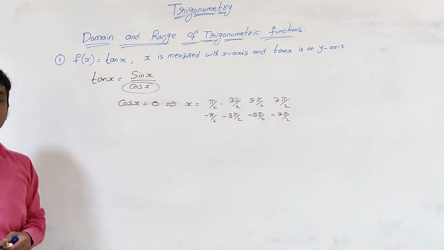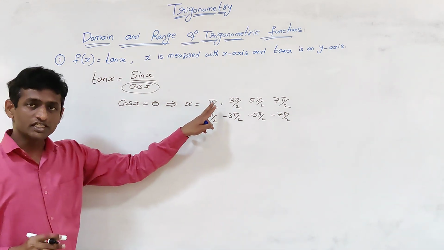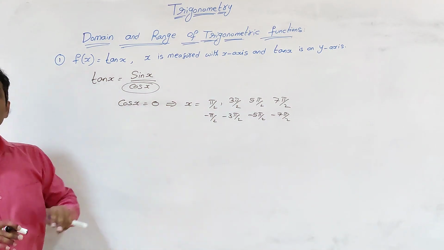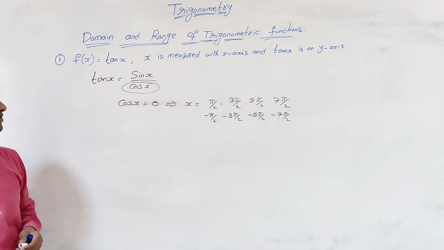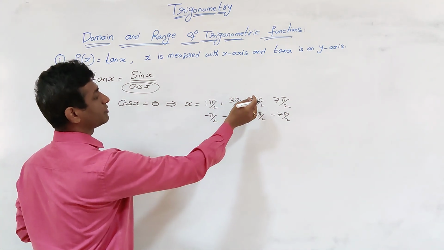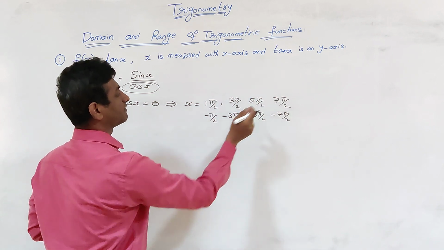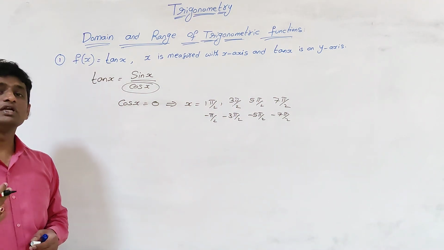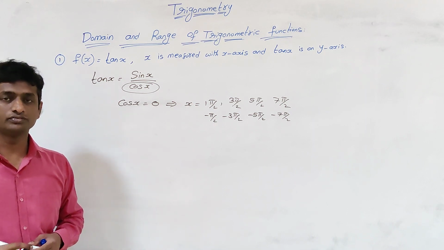Means if x is pi by 2, 3 pi by 2, 5 pi by 2, tan x will not be defined. Now if you observe, it is 1 times pi by 2, 3 times pi by 2, 1, 3, 5, 7, minus 1, minus 3, minus 5, minus 7 are odd multiples of pi by 2.